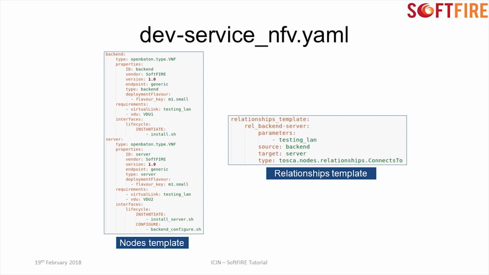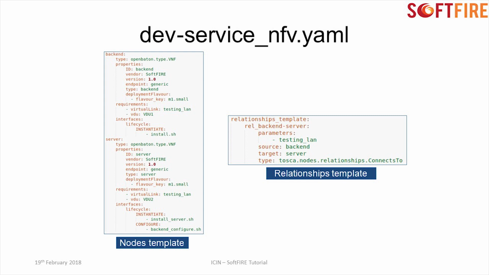Also, we can see in the lifecycle property that we have specified the name of the script that will be executed once the virtual machine became active. This script will install our service.